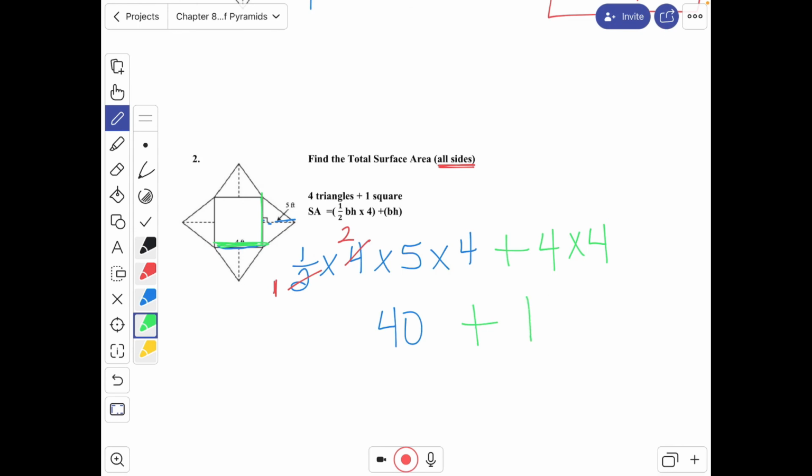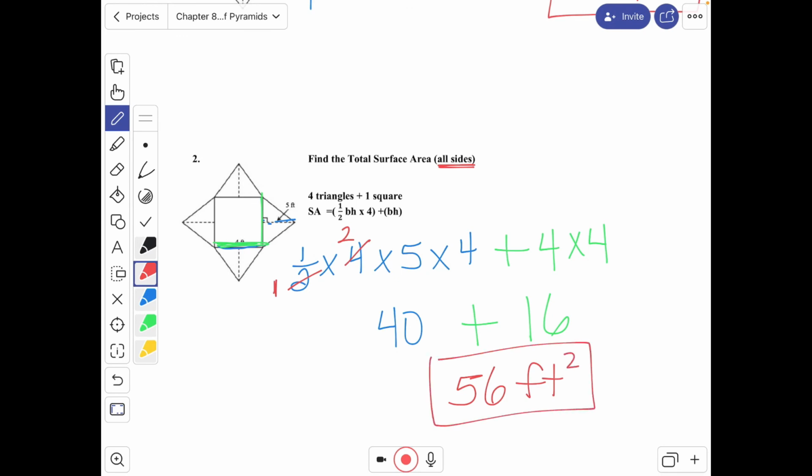Plus 4 times 4 is 16. So the area of all the triangles is 40, and the area of the square is 16. Then we put those together, and we get 56 square feet. So that leaves 2 more for you to do all by yourself.